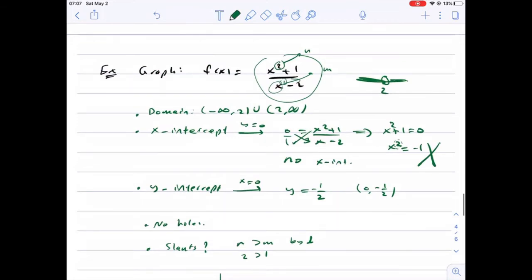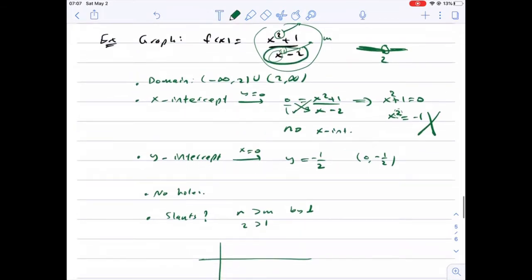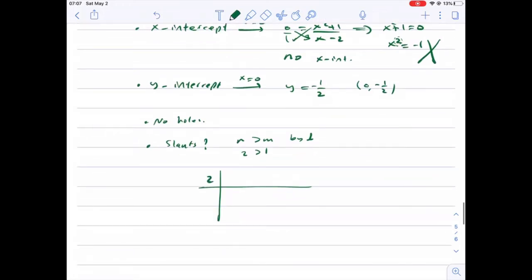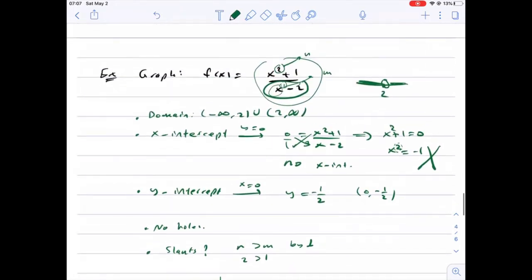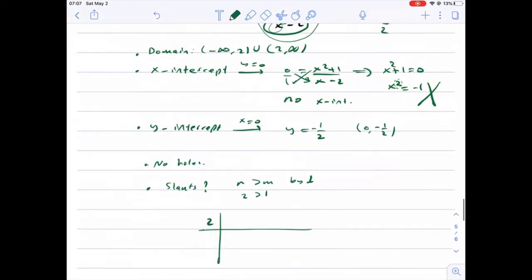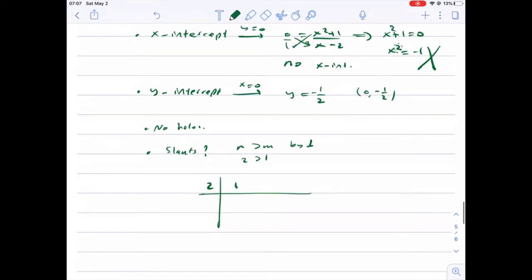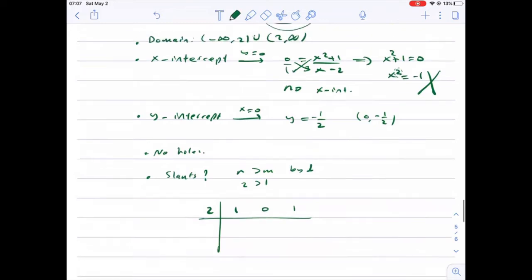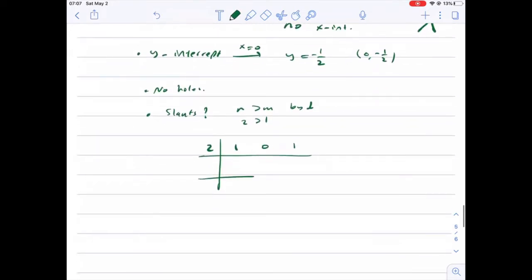We find the 0 of the denominator, I mean the value of x that makes the denominator equal to 0, which is x equals 2. And then we need to determine the coefficients of the numerator. We have x squared plus 1, the coefficient of x squared is 1, the coefficient of x is 0, the constant term is 1, and then we bring this down here, multiply by 2, add to 0, multiply by 2, add to 1.